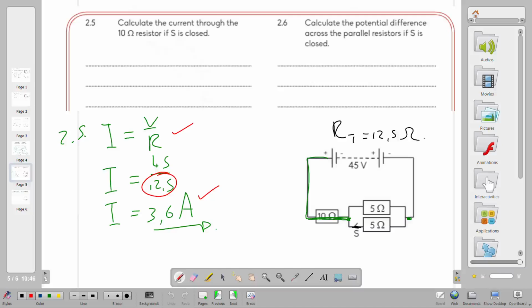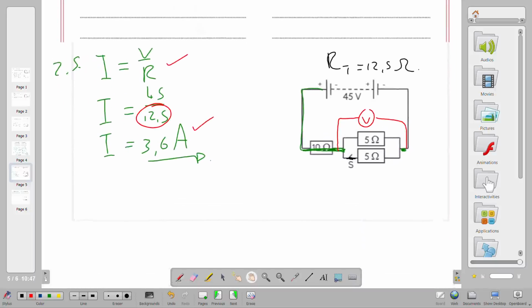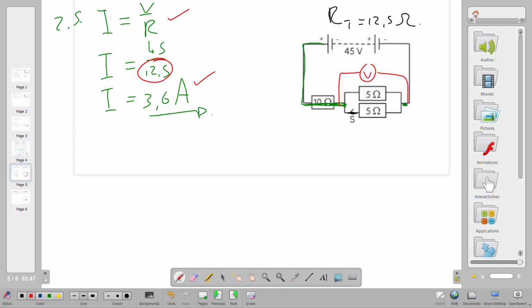Next one, calculate the potential difference across the parallel resistors if S is closed. So now we're asking, if I had a voltmeter across both of these, what would the reading be? Well, we just repeat the same procedure. So this is 2.6, and they want the potential difference, so I use V equals I times R. What's the current flowing through them combined?